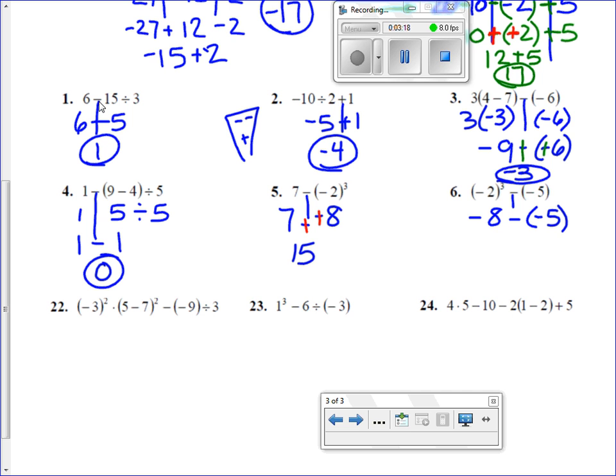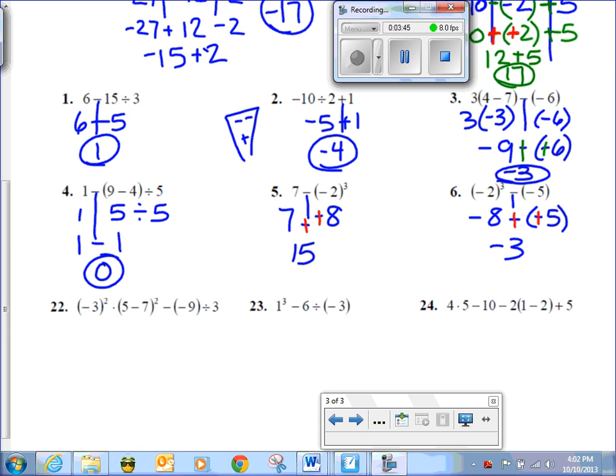I've got to change this to a plus, but this has to be the opposite. So a plus positive 5. Negative 8 plus positive 5. Now that I have two different symbols and I'm adding, I need to go ahead and subtract. I have more negatives, so it's going to end up being a negative 3.